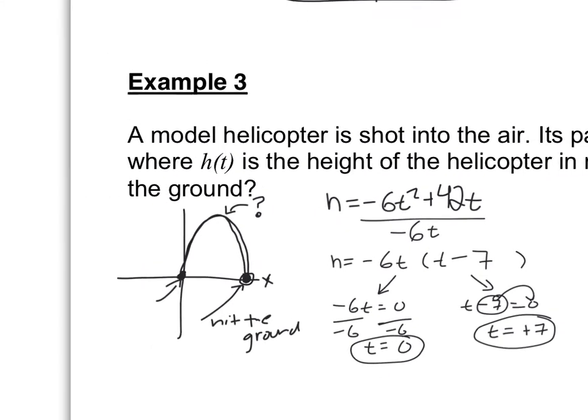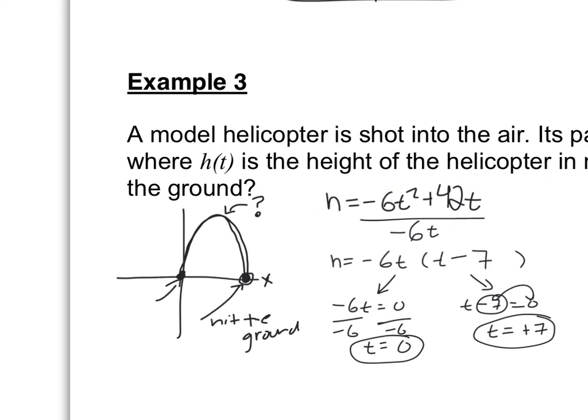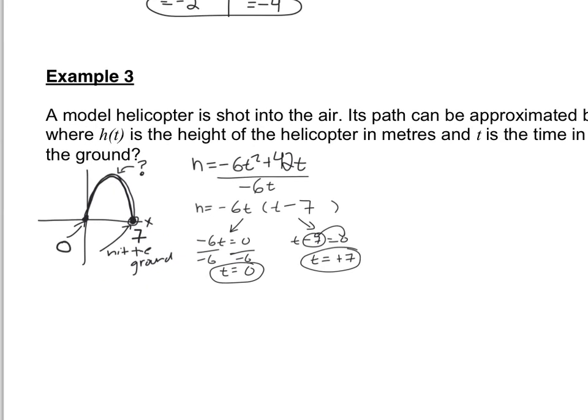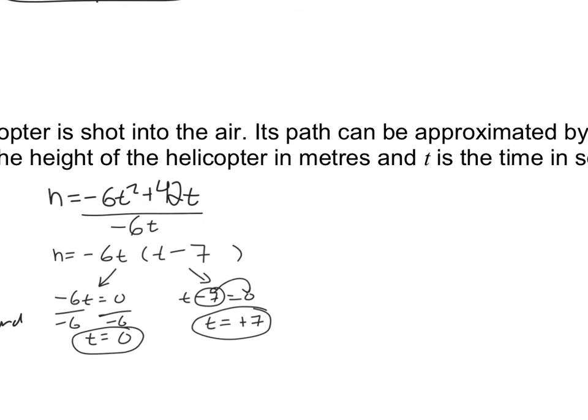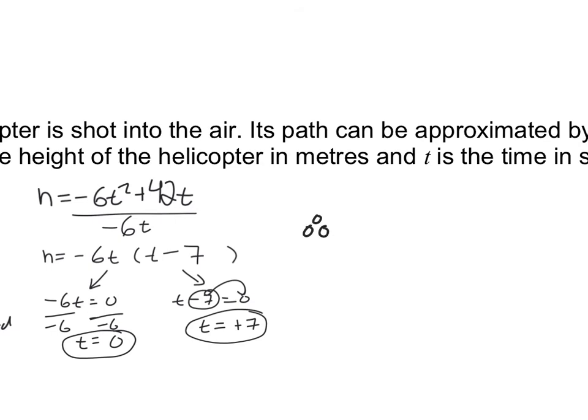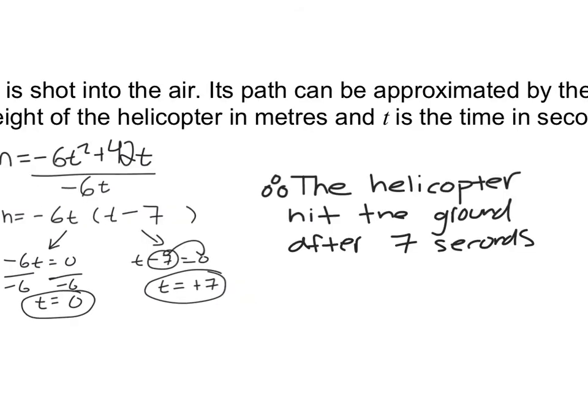So just like this little sketch that I did off to the side, the helicopter is starting at 0 seconds, goes up into the air, and then falls, and it hits the ground after 7 seconds. You write your therefore statement. The helicopter hit the ground after 7 seconds.